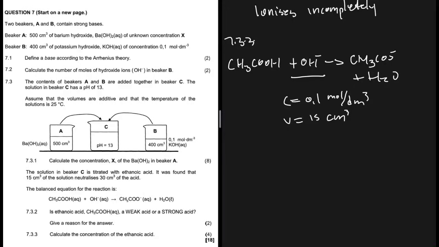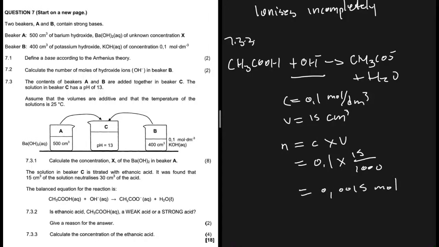So the number of moles equals the concentration multiplied by the volume, right? That will be 0.1 multiplied by 15 divided by 1,000. We divided by 1,000 because we convert into decimeter cube.